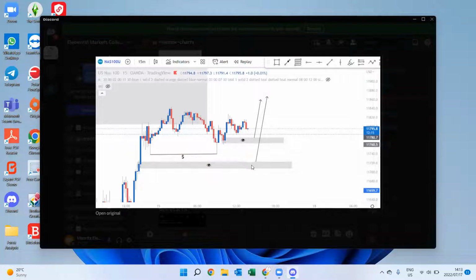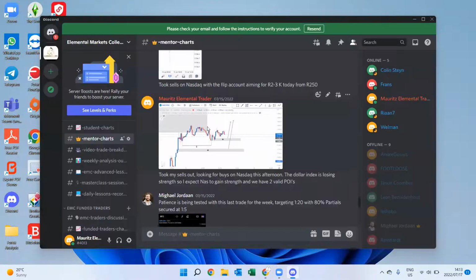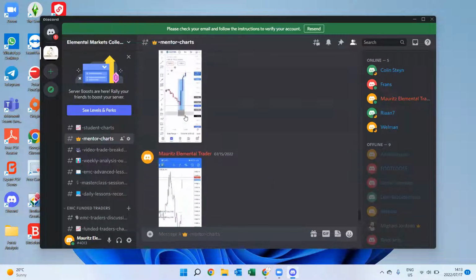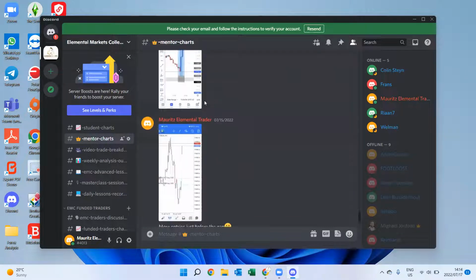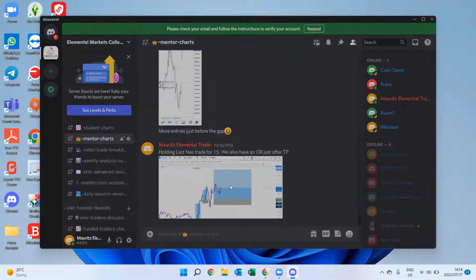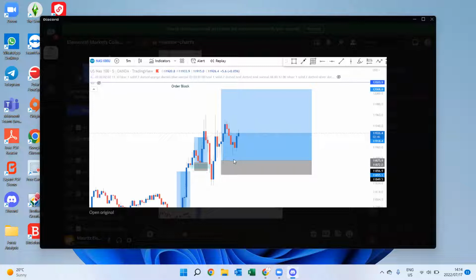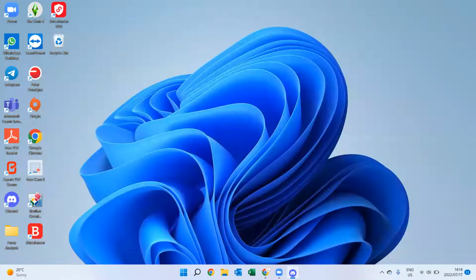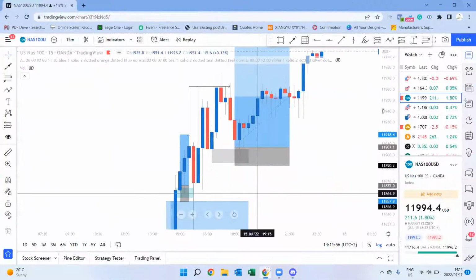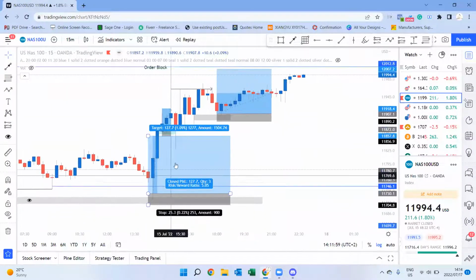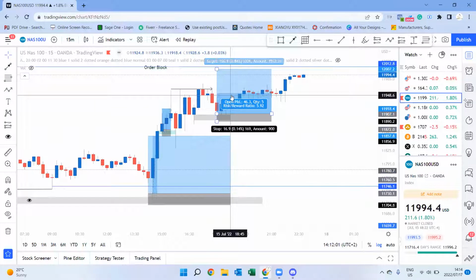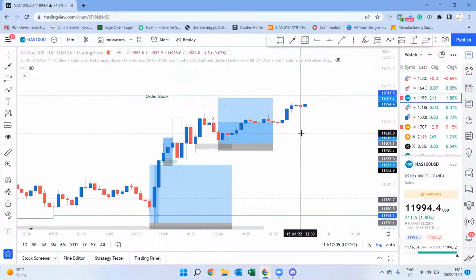Then we tapped into the lower point of interest, and that's where we took the buys. Great trade. We took buys again right here and held this for a 1 to 5 as well. So in one day there was a 1 to 5, a 1 to 3, and another 1 to 5. That's crazy results, very nice.